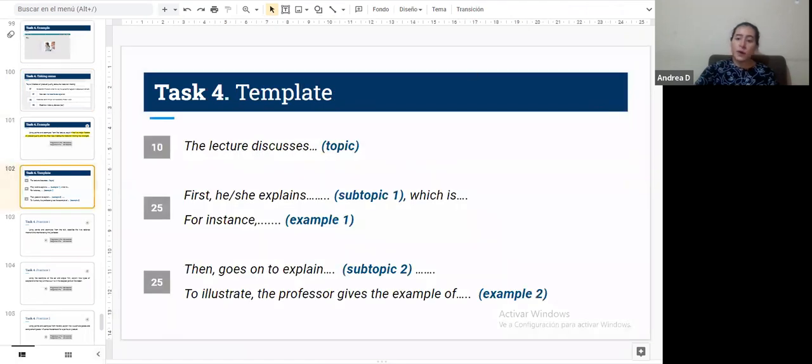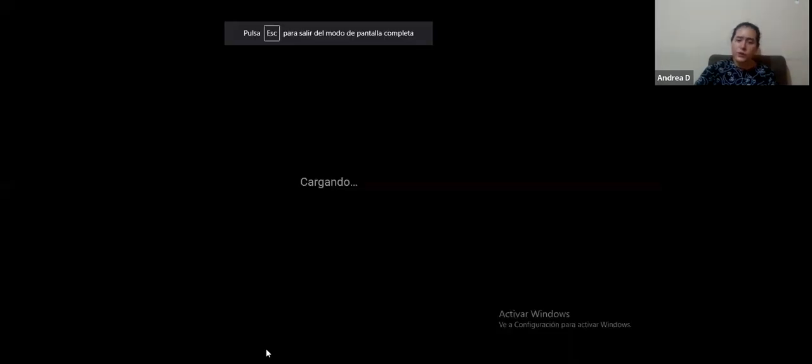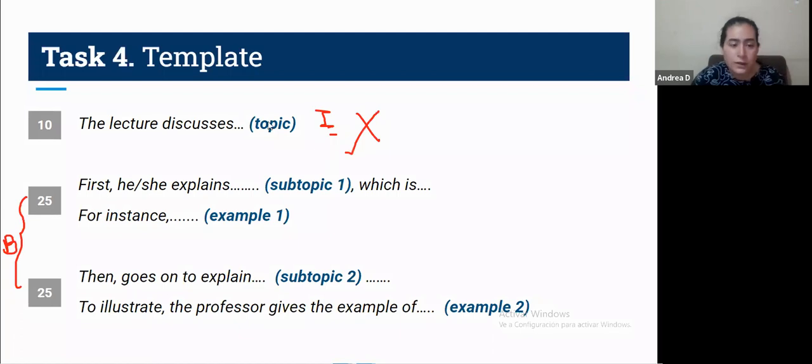Then let's move on to what you actually need to say when you answer the question. So here's what we are going to do. The first thing is to understand that your response, as usual, has an introduction and a body. The introduction is never going to be that important, right?